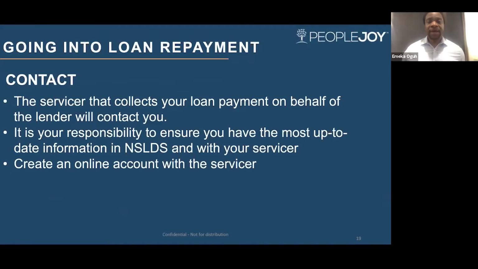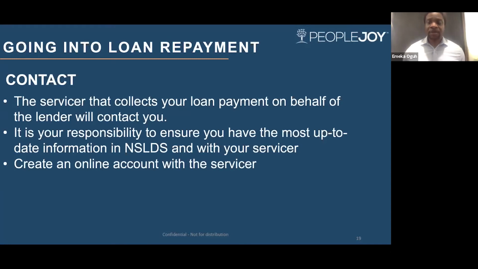Once you have your loan issued and you graduate or you finish school, you then will go into loan repayment. And the servicer that is collecting your loan repayment is going to contact you on behalf of the lender to let you know when your payments are due. However, it is your responsibility to make sure that you have the most up-to-date information in the NSLDS and with your servicer.